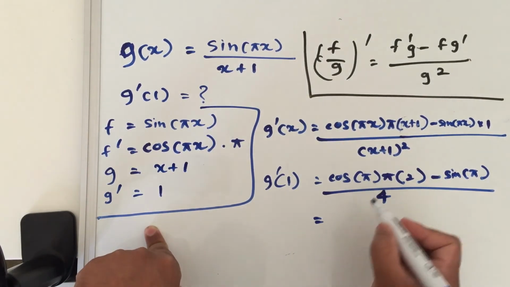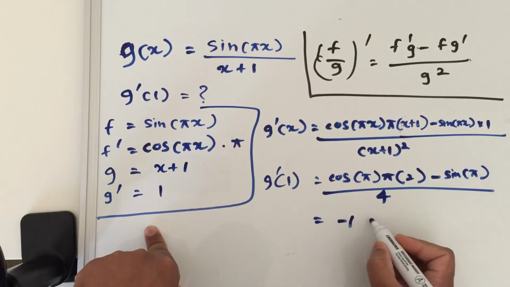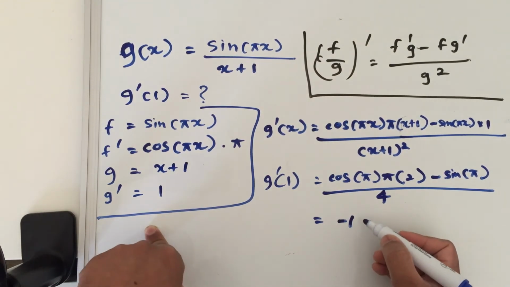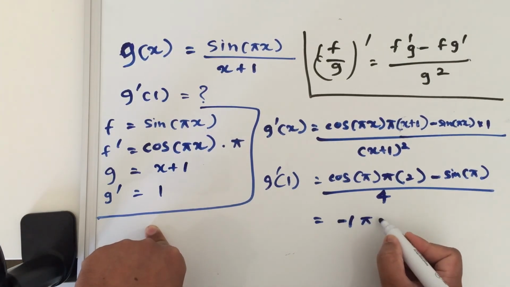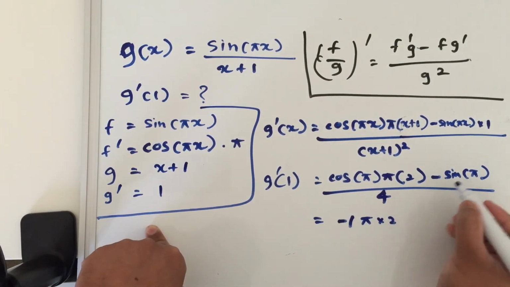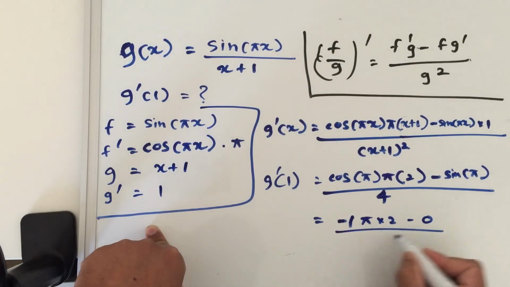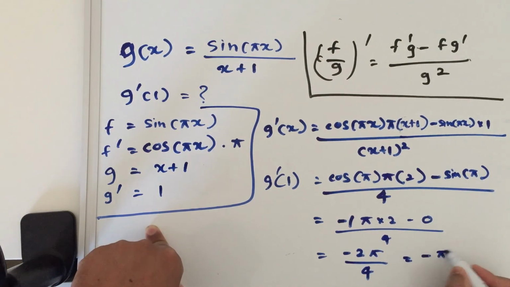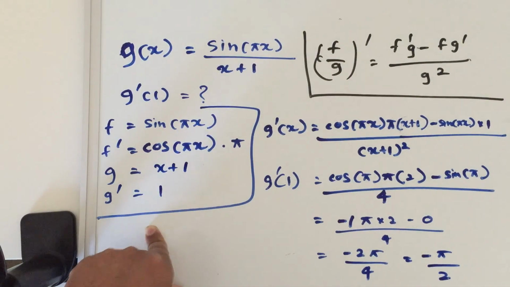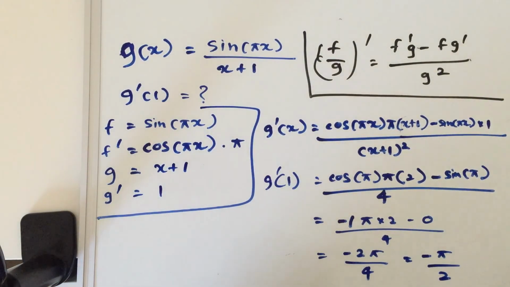Cosine pi is -1, you can double check it on your calculator, and pi times 2, sine pi is 0, divided by 4. So this is going to end up becoming -2 pi over 4, which is equal to -pi/2. And this is the final answer for part C.